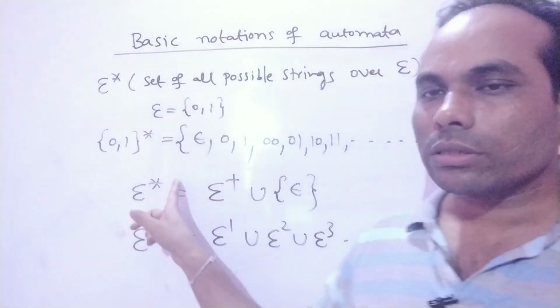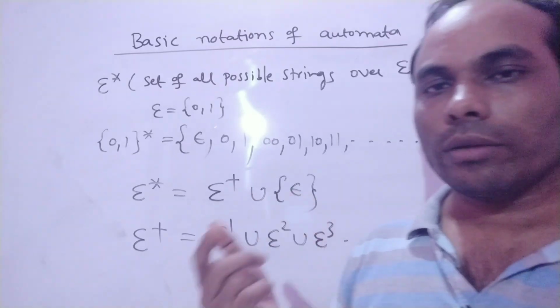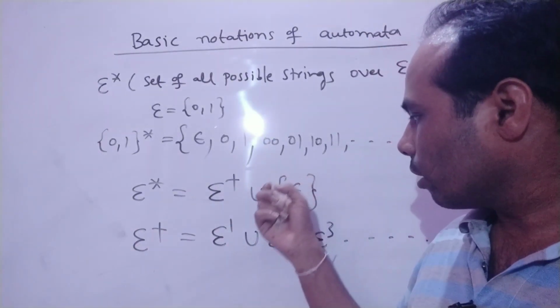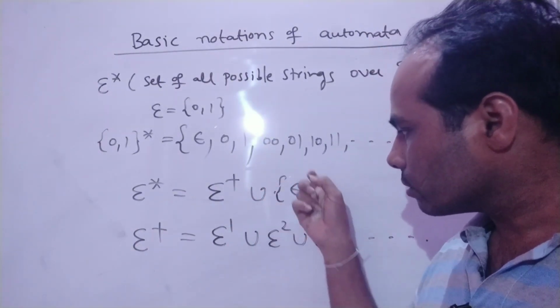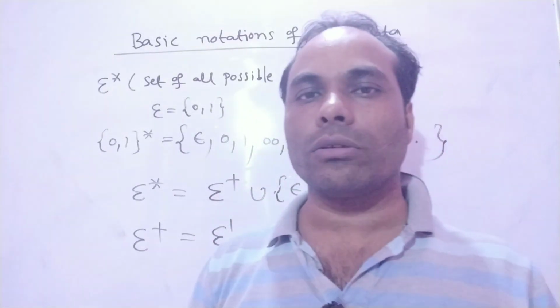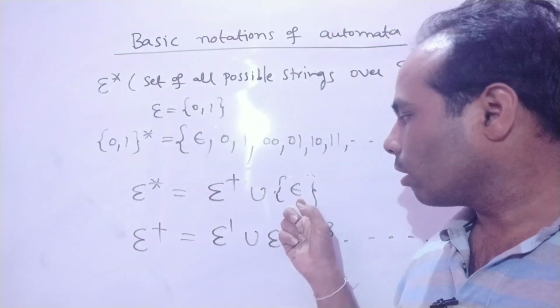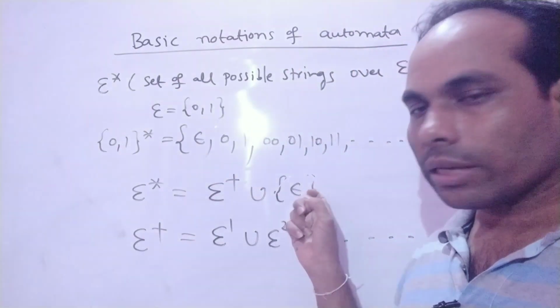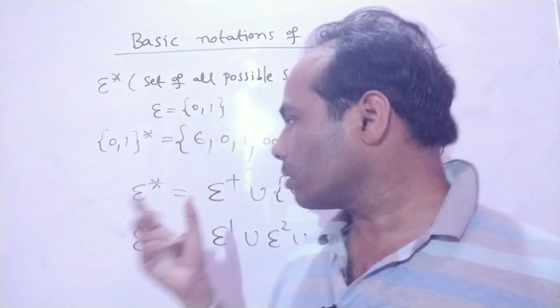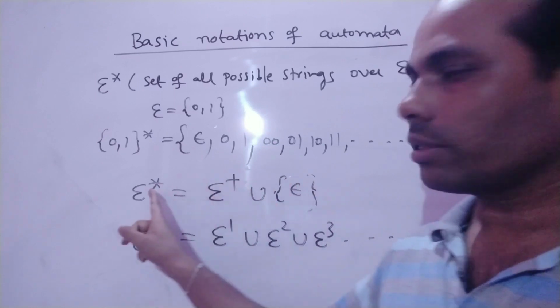Next, the sigma star you can represent like this also. Sigma star is nothing but the empty string taken along with sigma plus. Sigma plus is nothing but excluding the empty string. If you add the empty string to it, then all possible strings are there, and this you represent as sigma star.